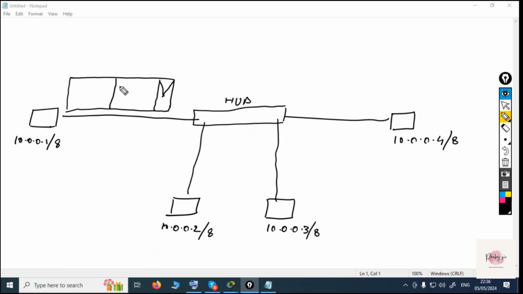It came to layer 3 and the layer 3 address was added: source 10.0.0.1 and destination 10.255.255.255, which is the broadcast address.